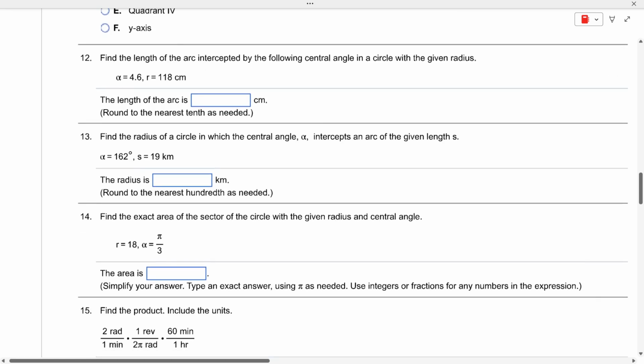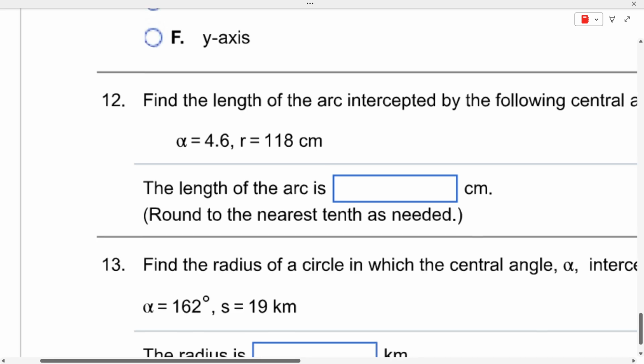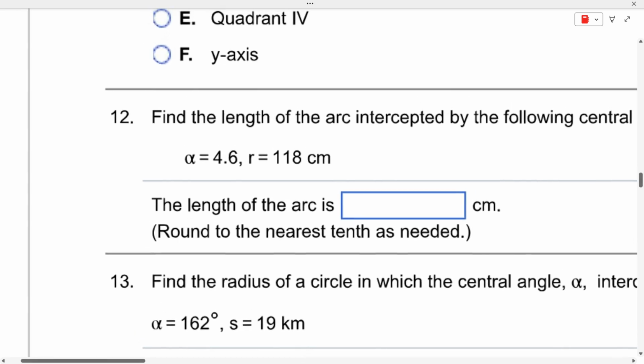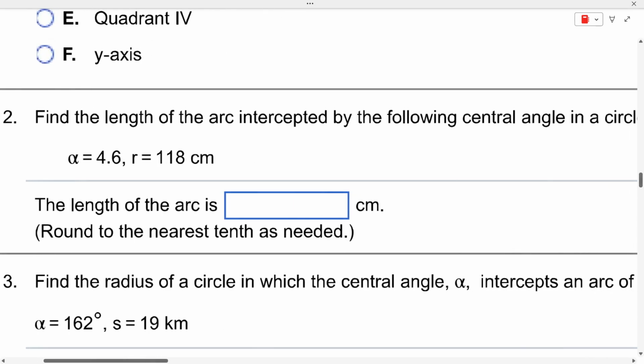Arc length. The arc length formula is on the board. This angle, is it in degrees or radians? Radians. There's no degree mark, is there? Okay, no degree mark. Mr. Johnson can't see that from way back there, even though he has glasses. All right, if we're in radians, we use the trig formula.